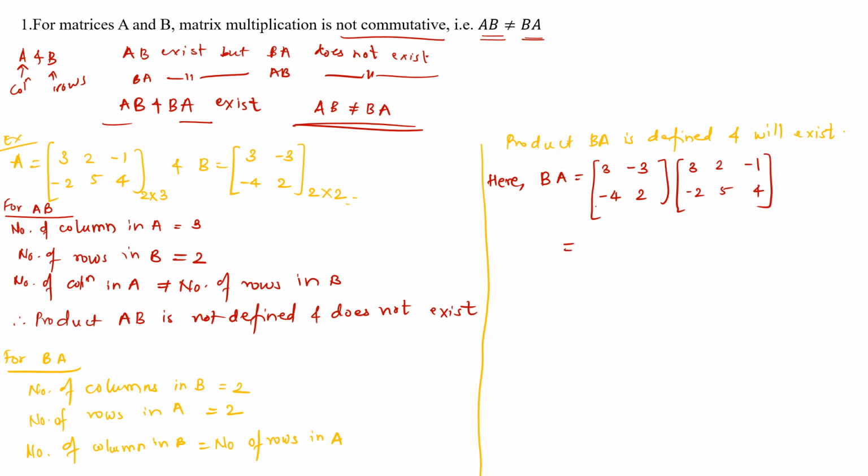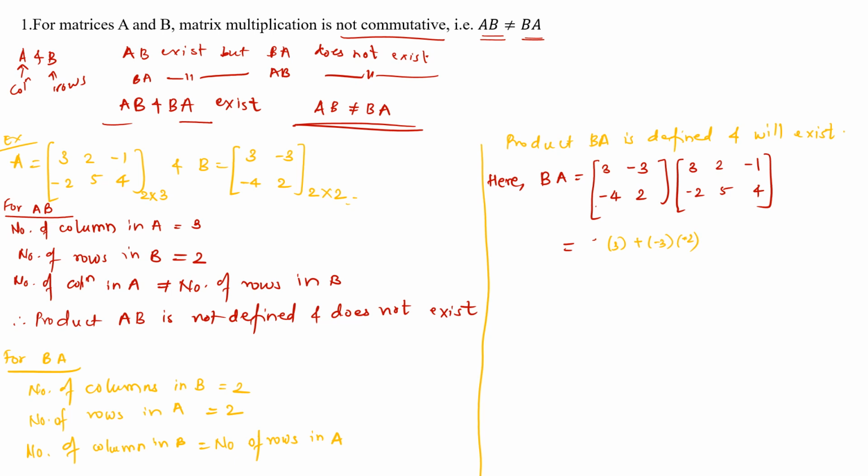So this is going to be, now for first element we will do multiplication of first row and first column and elements का multiplication and addition. So ये क्या होगा? ये होगा 3 into 3 plus minus 3 into minus 2. Now it is not necessary that every time we write in such way, it will be lengthy. Let's directly multiply and add.